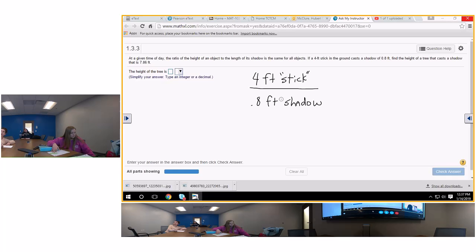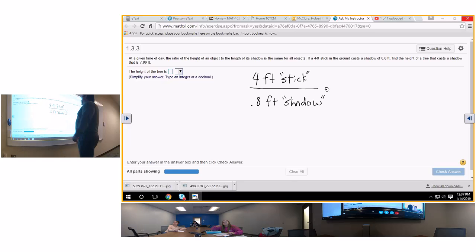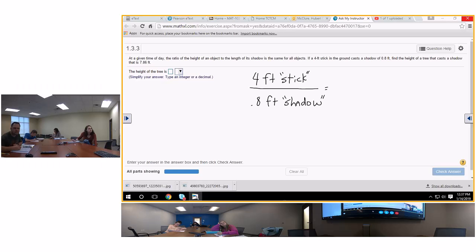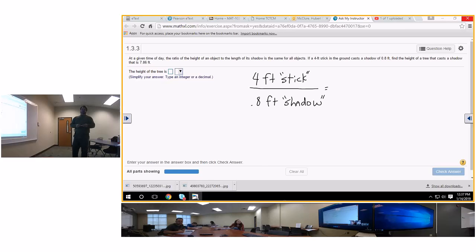And I'm going to put that in quotation marks. Now you set up the right side based on the shadow. Set up the right-hand side based on the shadow.